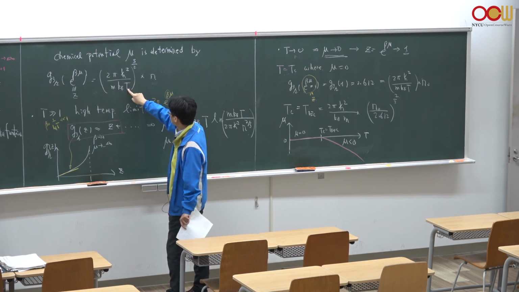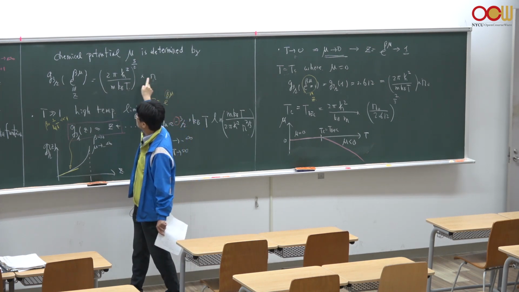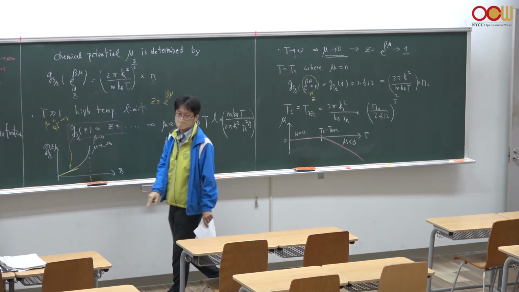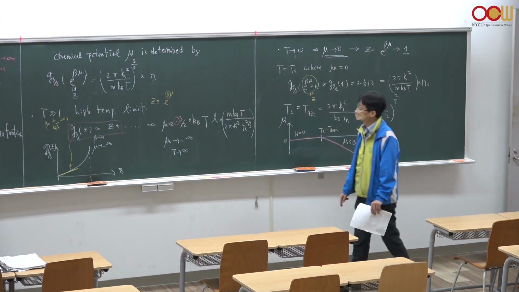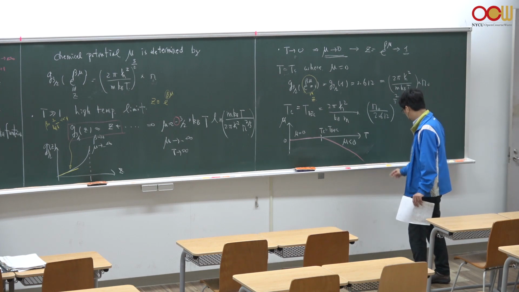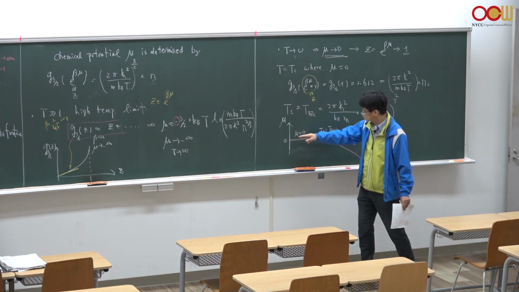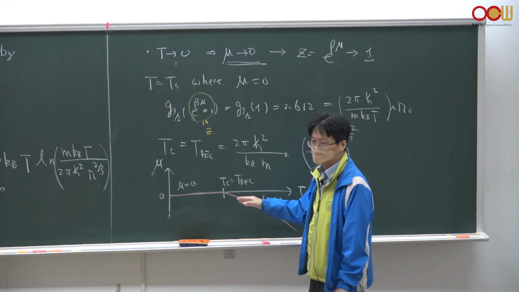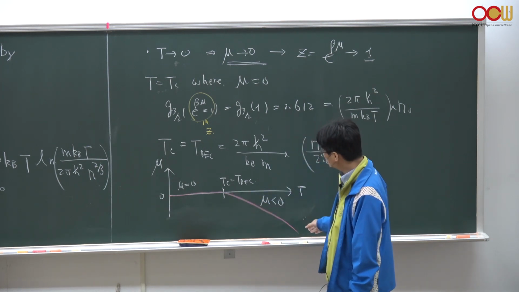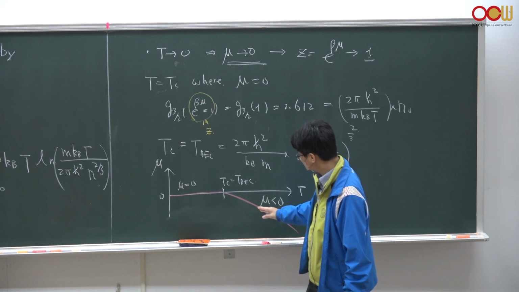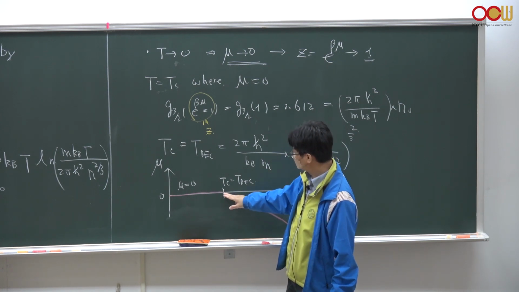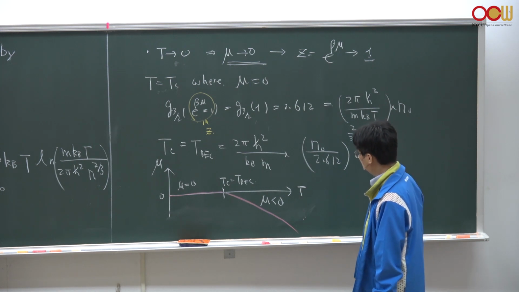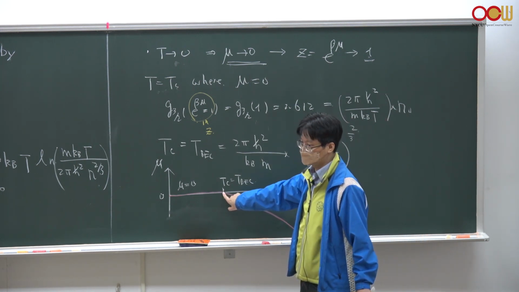So given the temperature and the density of bosons, and this mu, this result can be solved numerically, and we could plot this chemical potential as a function of temperature at different regimes. In the high temperature regime, it is a negative value, and as the temperature gets lower and lower, it hits the zero chemical potential limit at a finite temperature Tc.